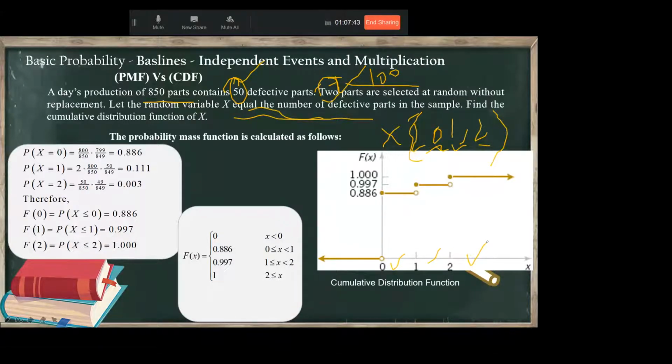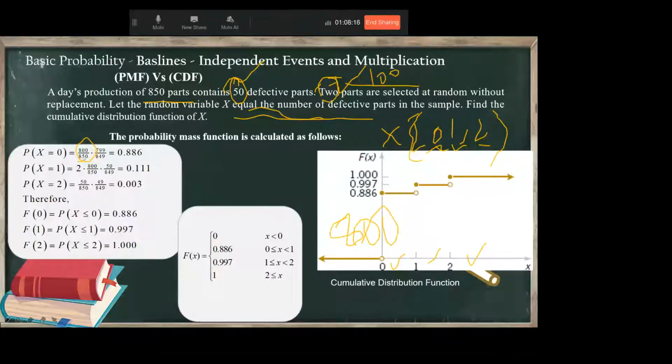Now, what is the probability? Let's come to the probability first. The probability mass function is calculated as follows. What is the probability that X is 0? That among the two parts we selected, none is a defective part. So from 850, 800 are non-defective. The probability of non-defective is the complement. The first part is 800 by 850.